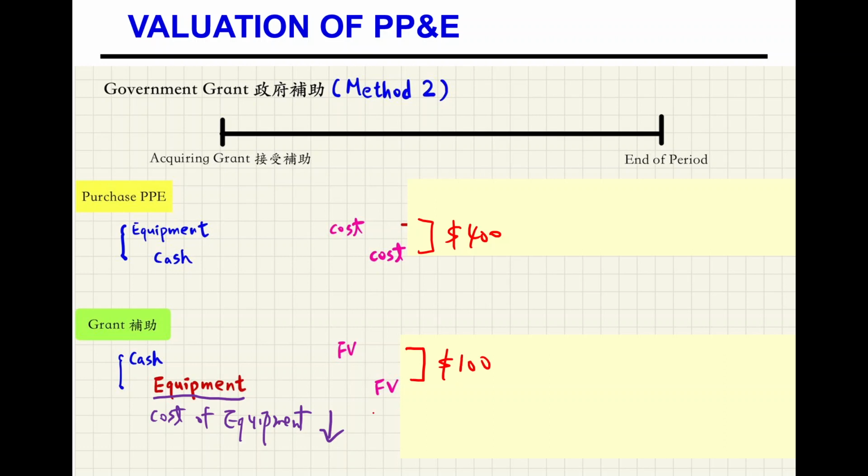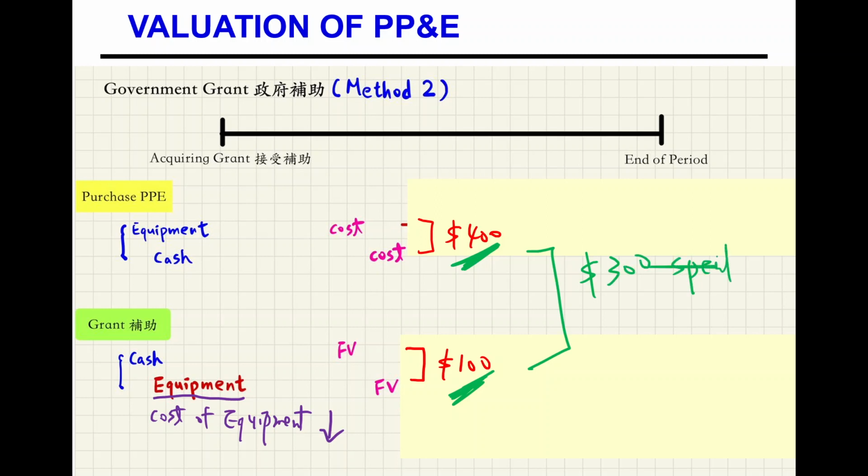So could you tell me actually how much money you spend to buy the equipment? You spend 400, but you got the cash from government 100. So actually you just spent 300, right?